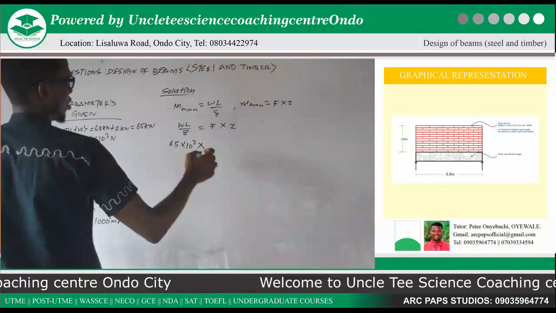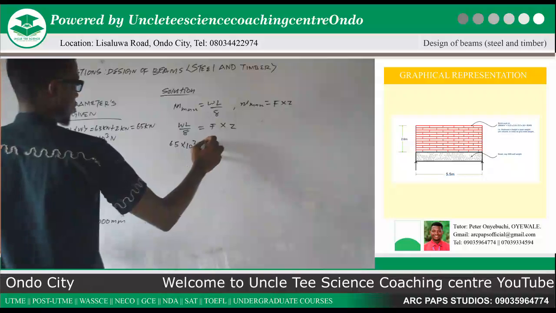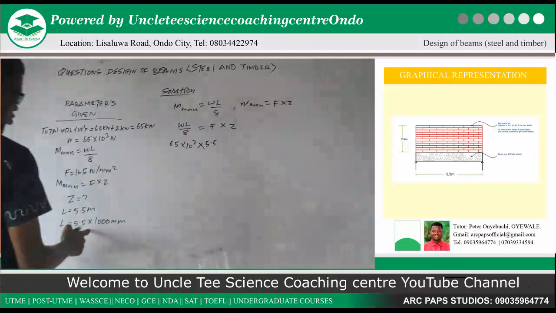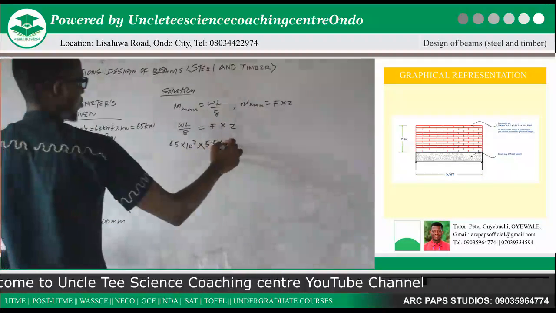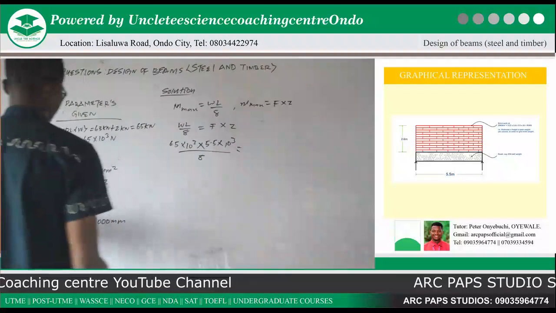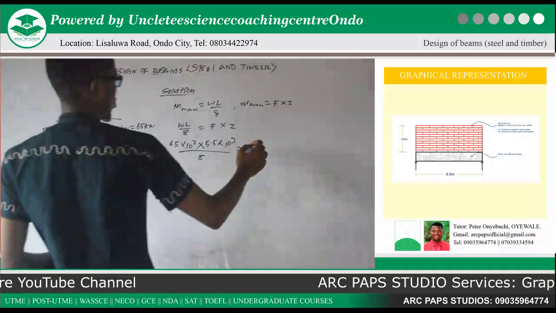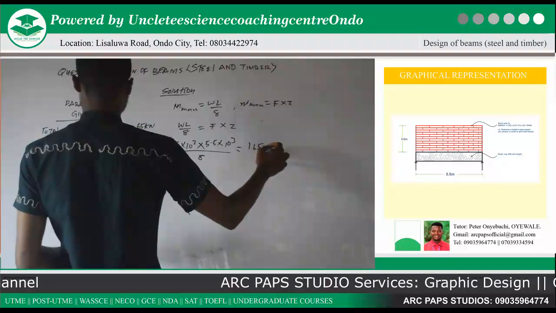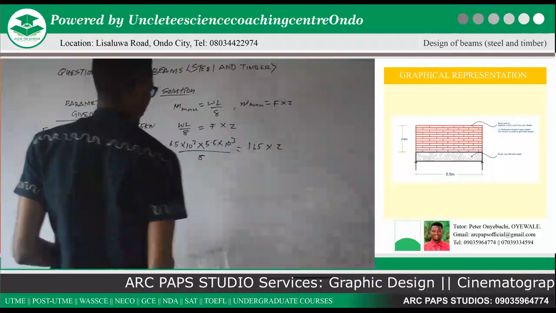Now this will give us 6.5 times 10 raised to the power 2 times 5.5 divided by 8 is equal to our F, which is 165, times our Z.